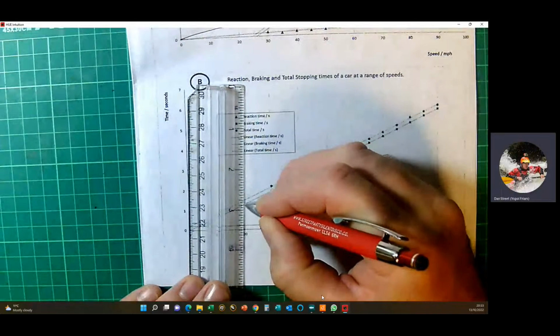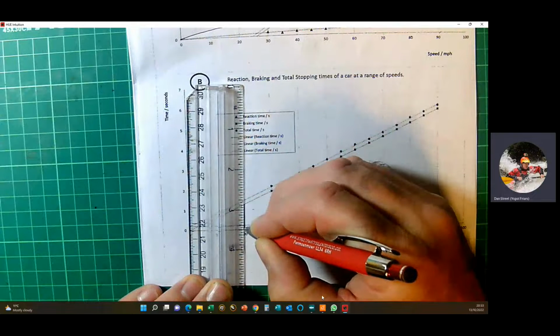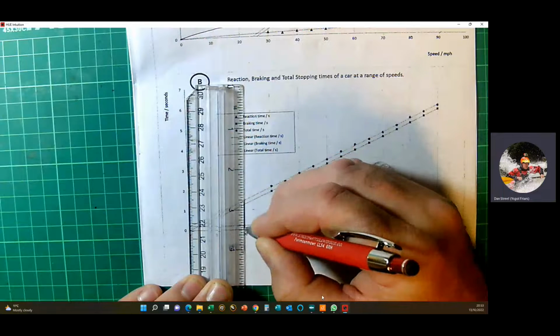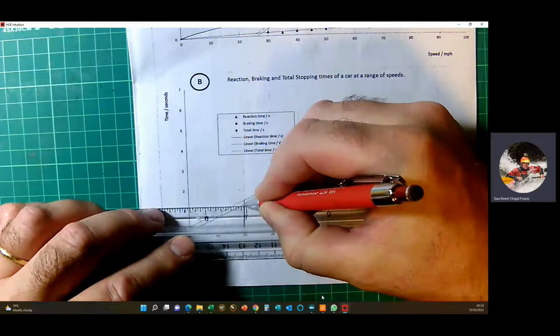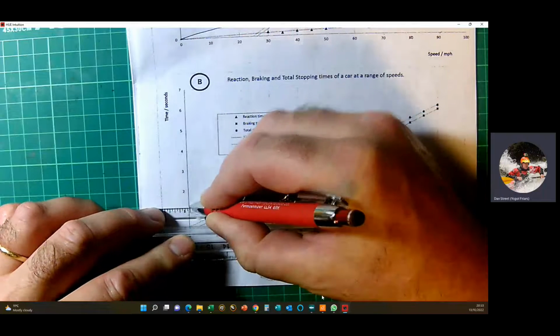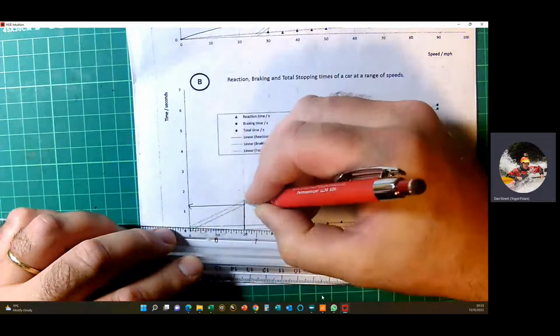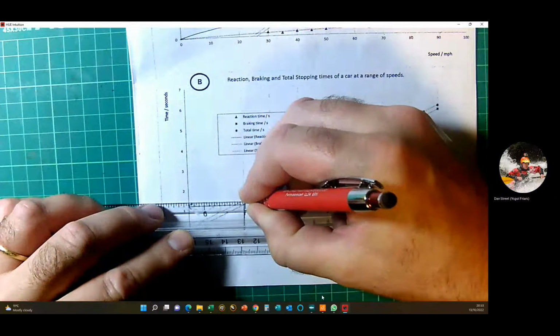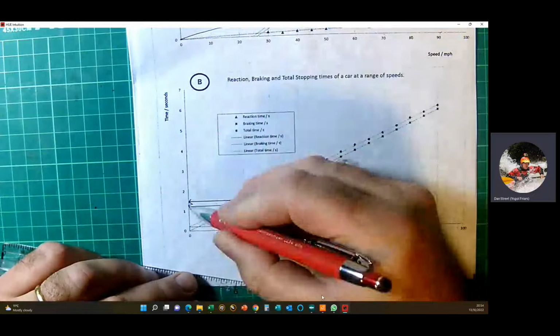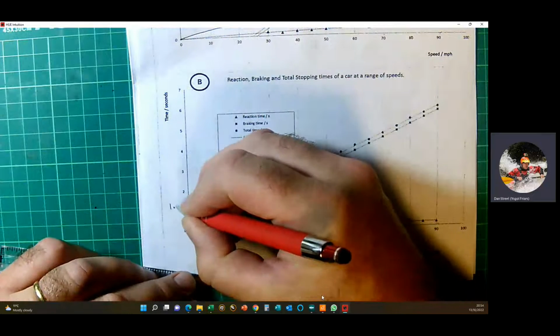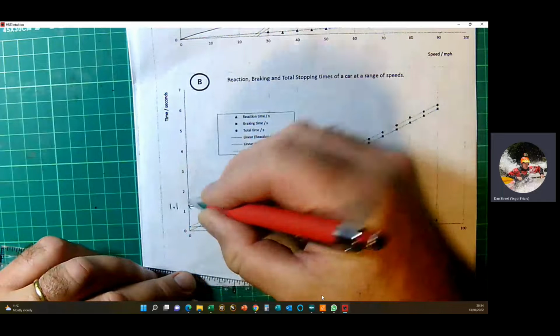Okay, unfortunately the photocopying hasn't helped us here, so I've drawn a line at 20 miles an hour, and then, being as accurate as we can, I'm going to rule across to the time axis for those two values. So this one here I would suggest is 1.1 seconds, whereas this one is more like 1.4.